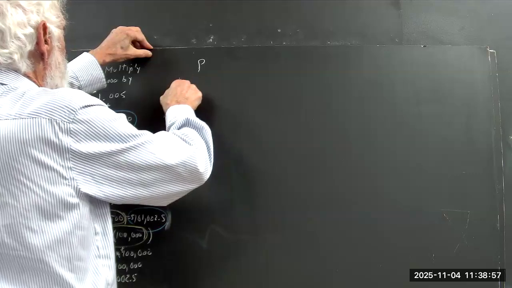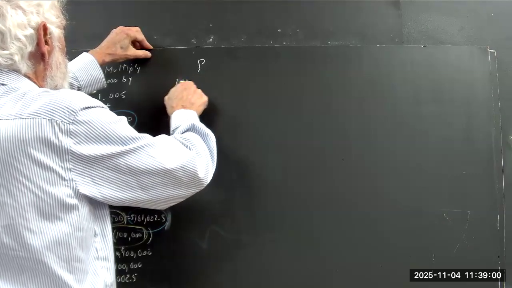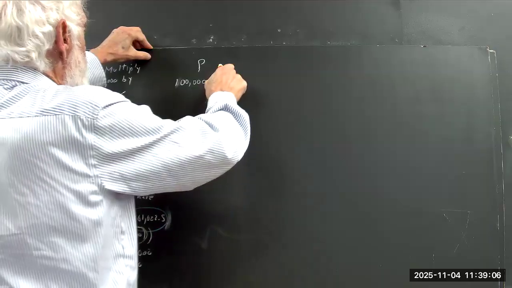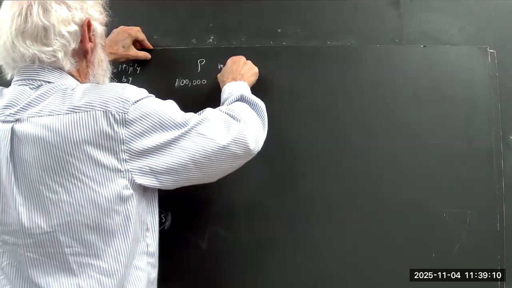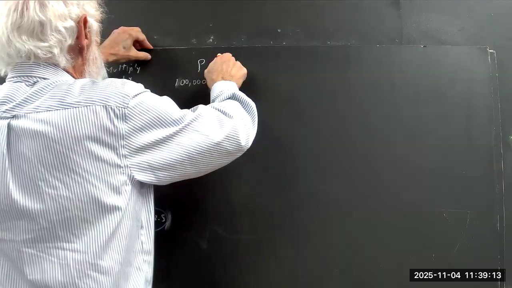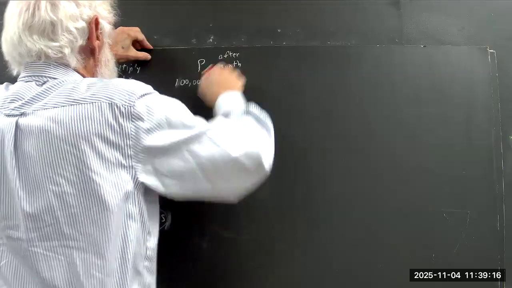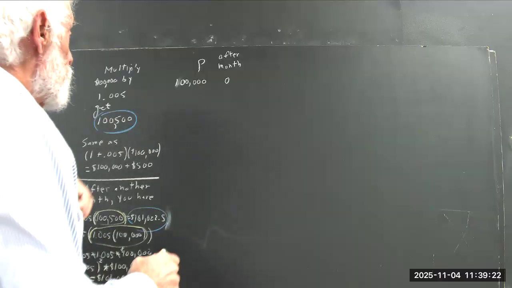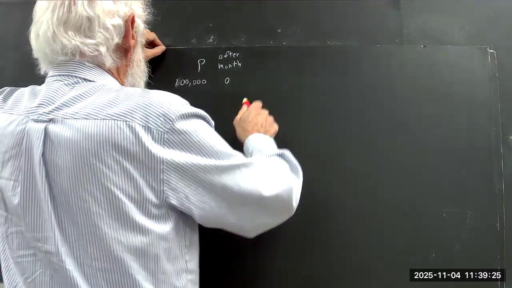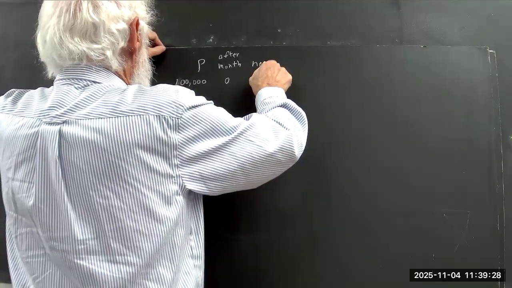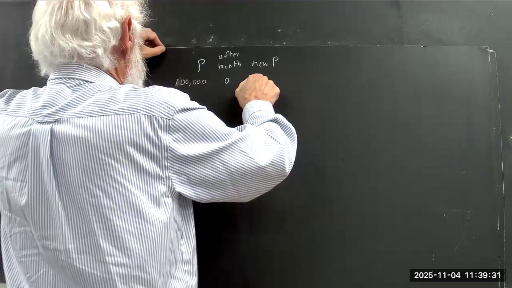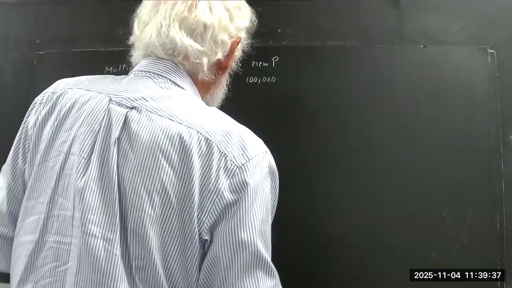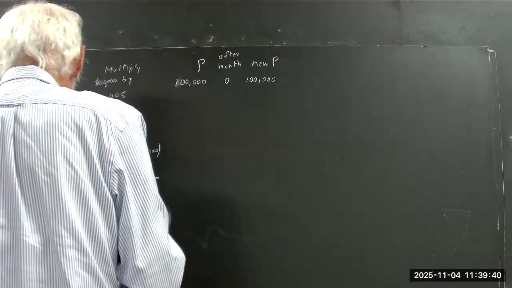P for principal, $100,000, after, well, month 0, okay? New principal still $100,000.